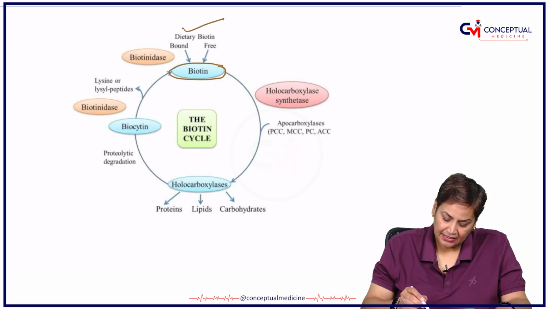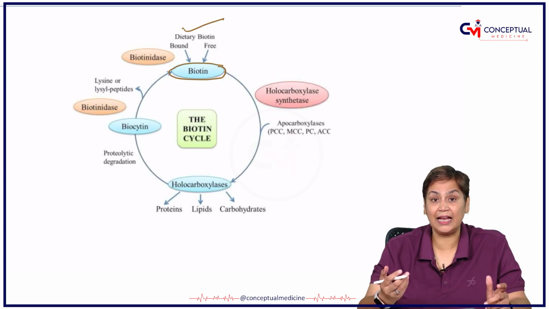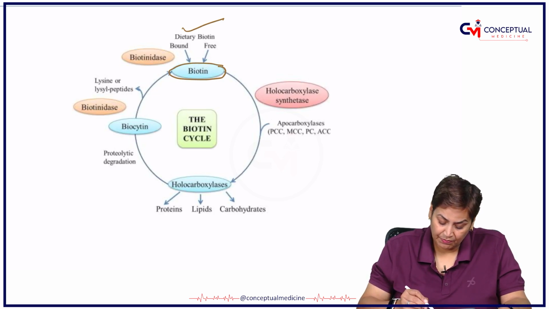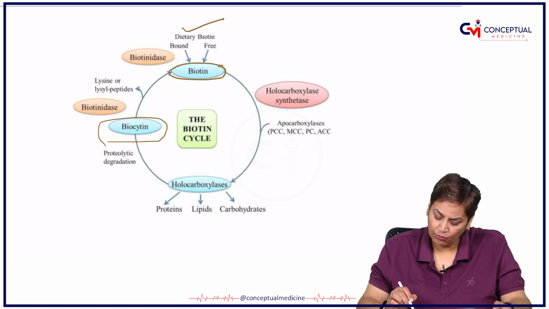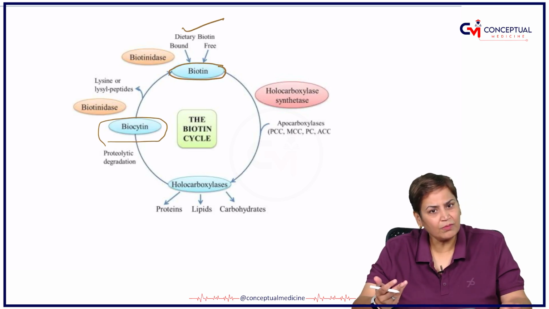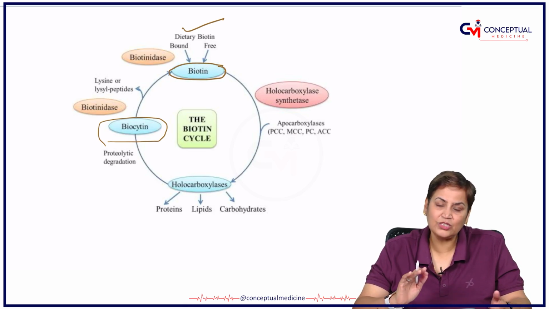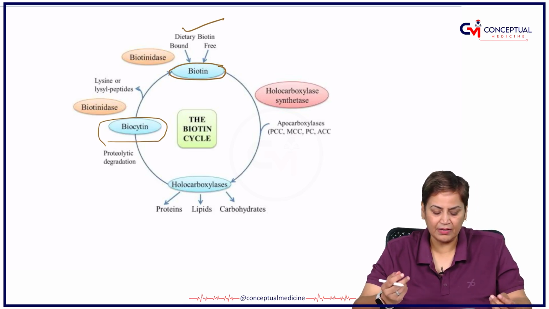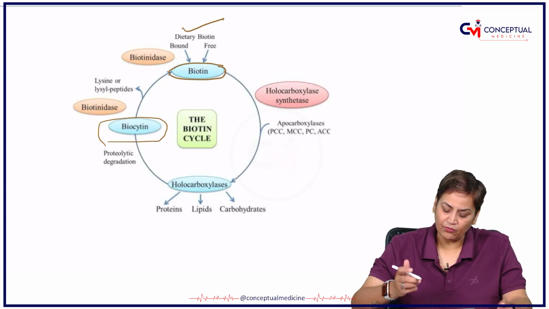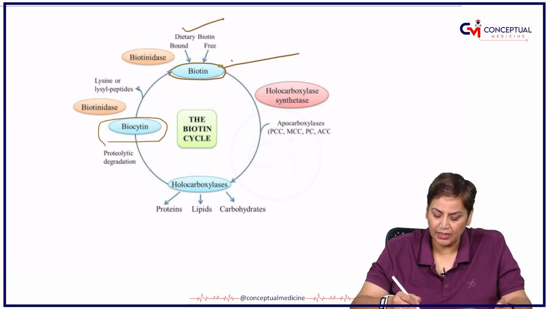Then the enzyme biotinidase catalyzes the splitting. It forms biocytin, or you can say carboxybiotin. And the moment it performs its function, it is converted back to its original shape, because it is acting as a coenzyme.